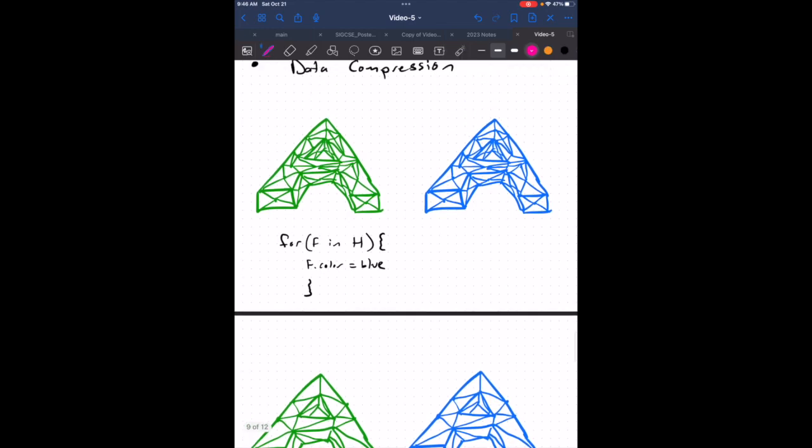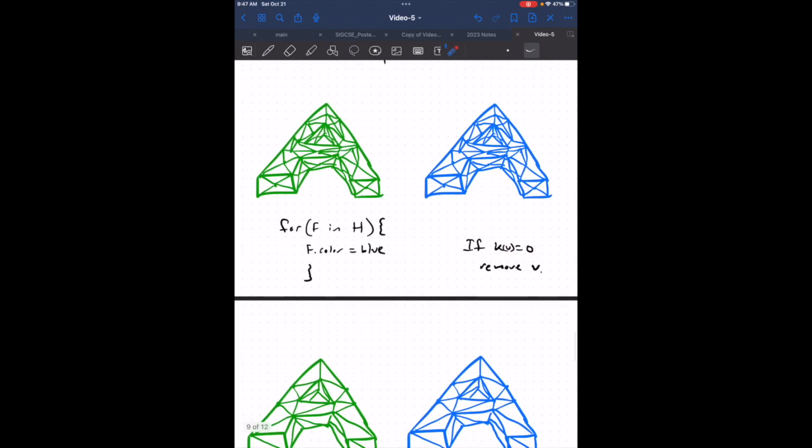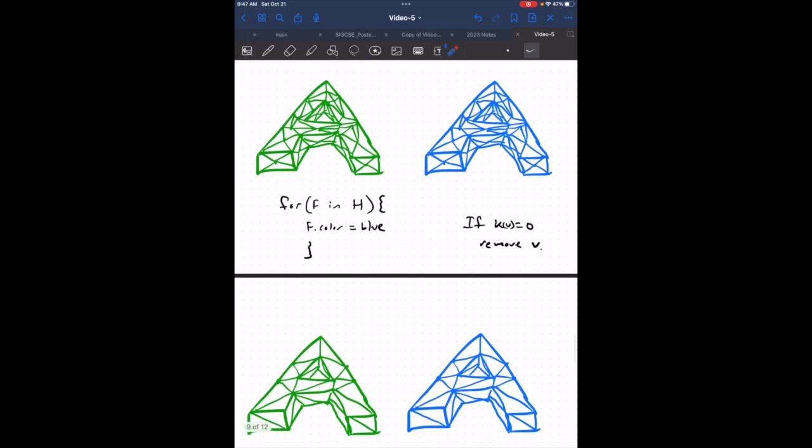If we're just saying that if K_v equals 0, remove v, our geometry of our surface is staying the same because what we're removing is completely flat. So that's no loss of information to gain this data compression that leads to a faster algorithm.